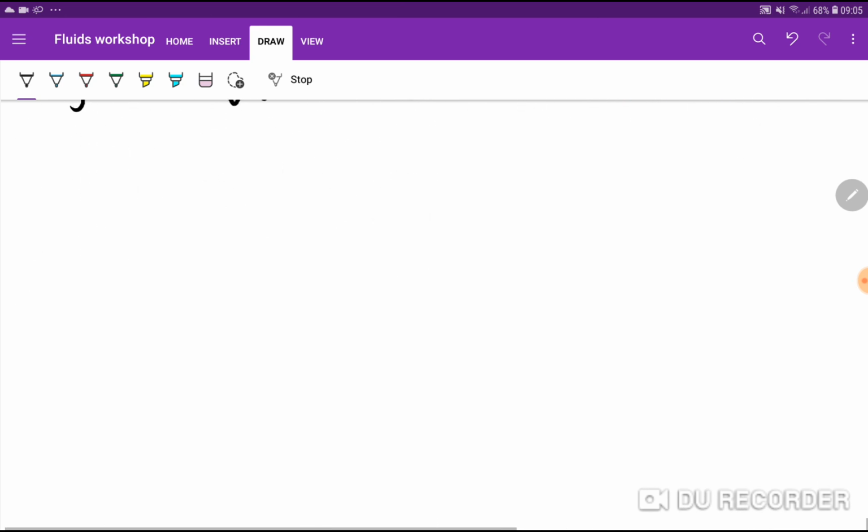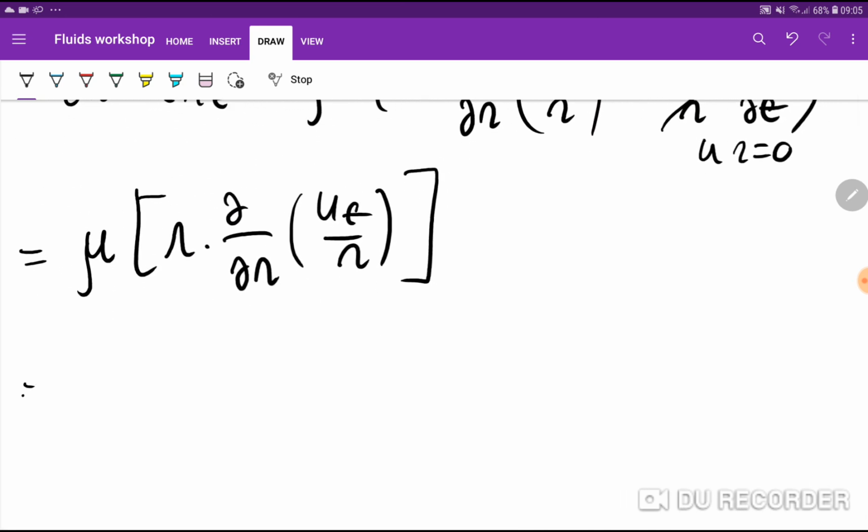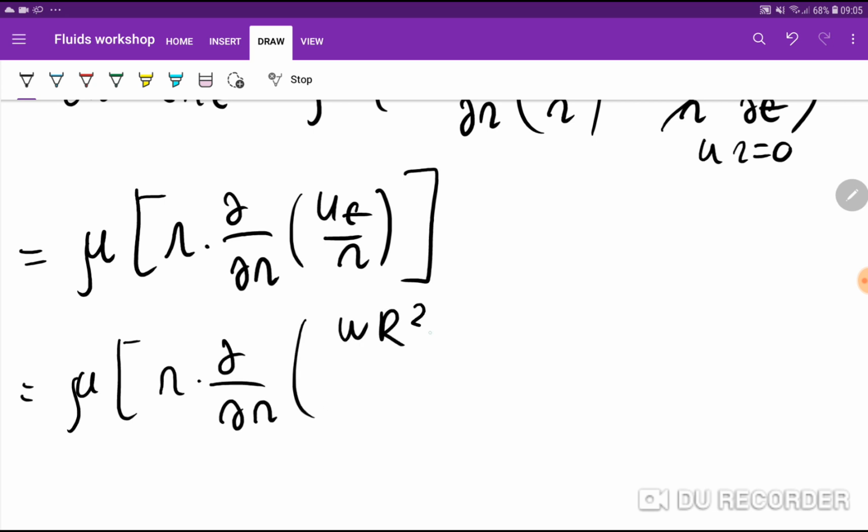So we plug that in here. So it is equal to mu times r times the partial with respect to r of omega r squared over r squared, right? Because you also divide by r.